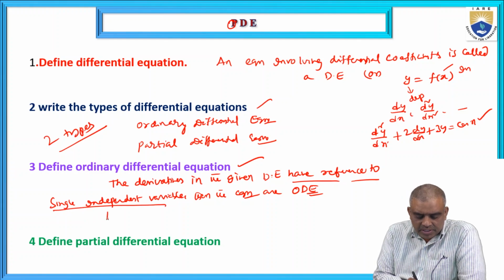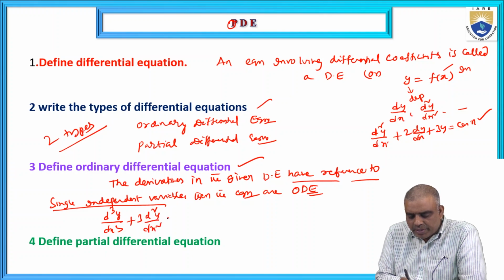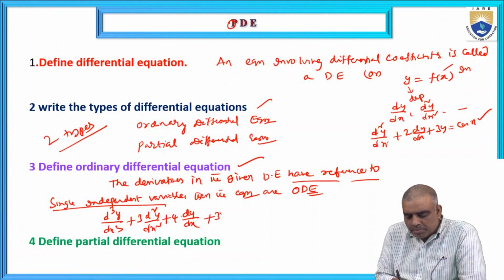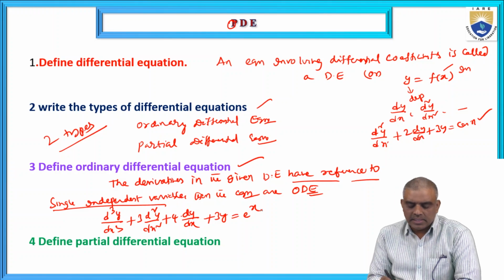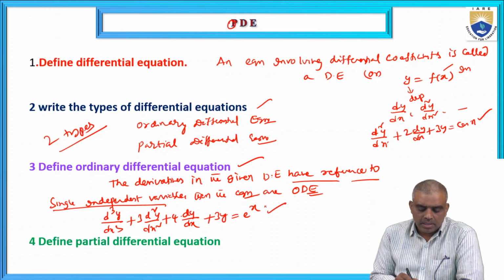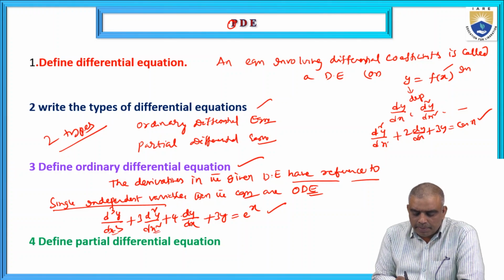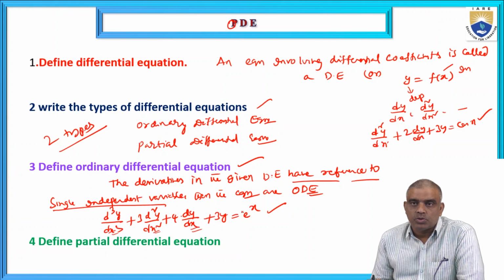Suppose we have the equation d cube y by dx cube plus 3 d square y by dx square plus 4 dy by dx plus 3y is equal to e power x. Clearly in this differential equation, y is the dependent variable and x is the independent variable, and the derivatives are with reference to a single independent variable, with respect to x only.